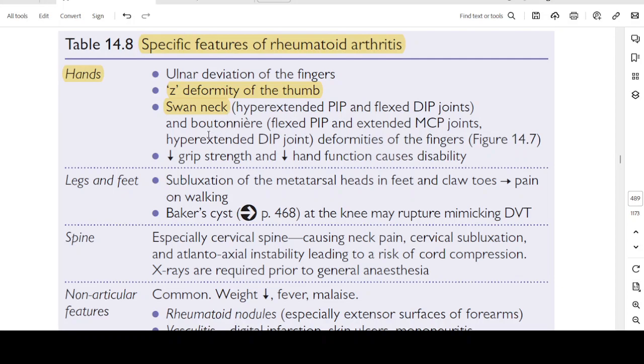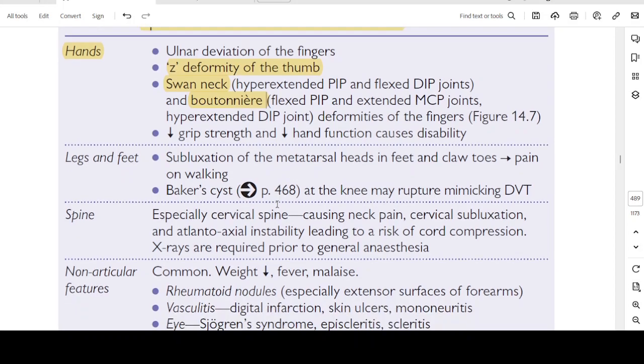So, two types of deformity, swan neck deformity and Boutonniere's deformity of the fingers. Decrease in grip strength and hand function causes disability.